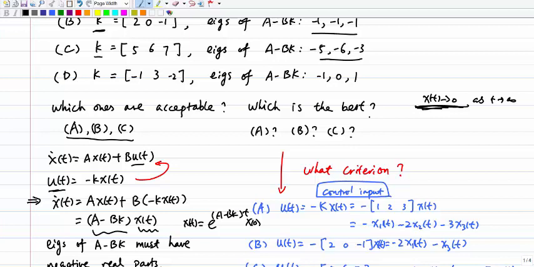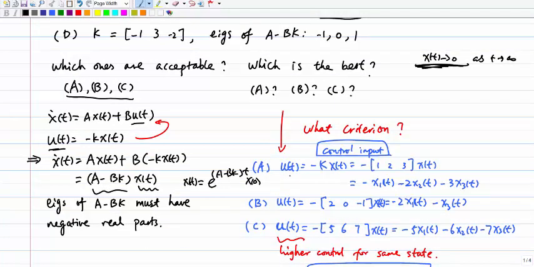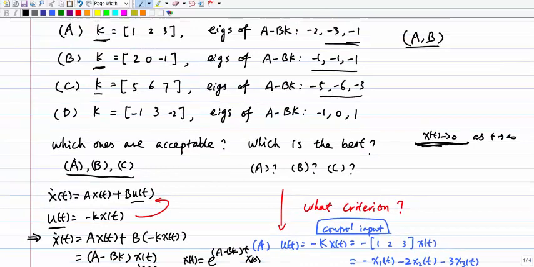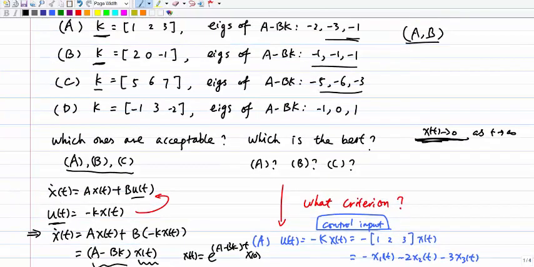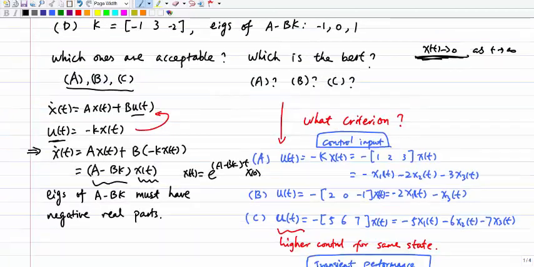If you check this u(t) for A and B and C, assume of course the state is a three-dimensional state x. For A and B and C, we can compute the control input in a specific form. For A, because K is 1, 2, 3, I can compute u(t) is negative Kx, which is negative [1, 2, 3] x(t).